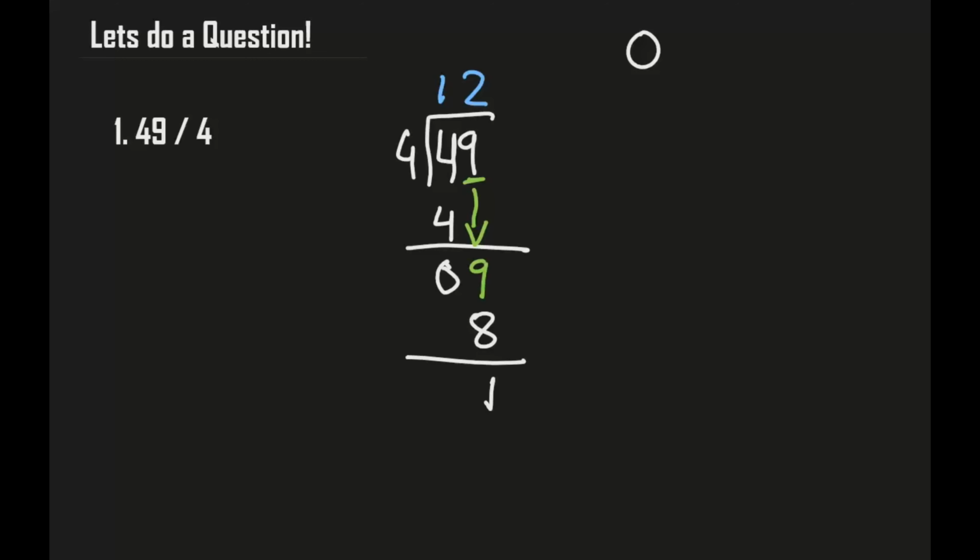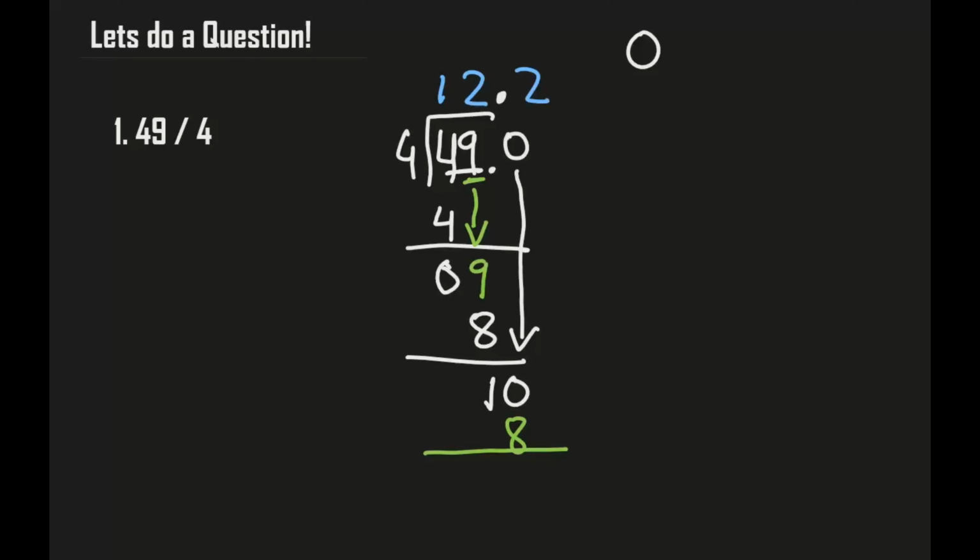So what we'll do is we'll add a decimal point to the quotient, and we'll keep adding zeros to this. So we're going to put 0.0, and then we'll bring that down, and we have 10. So now, again, we're going to put 4 times 2, and we will get 8 down here.